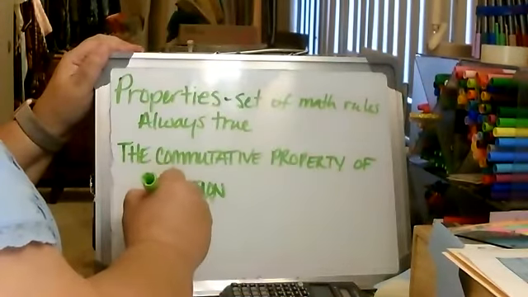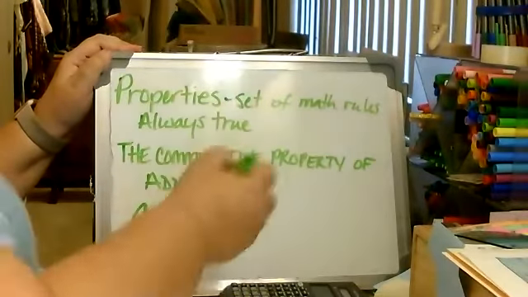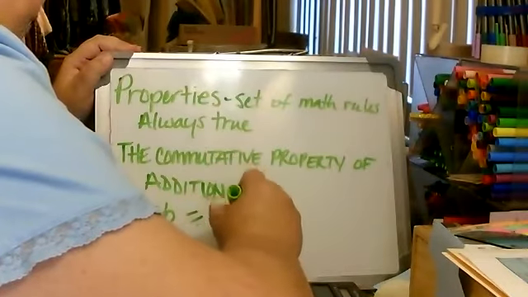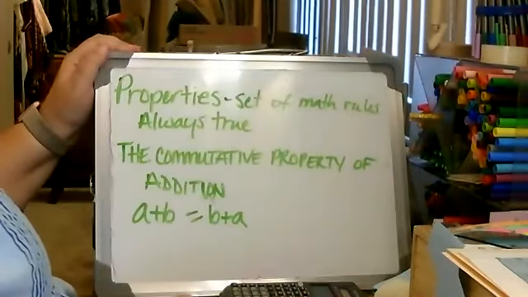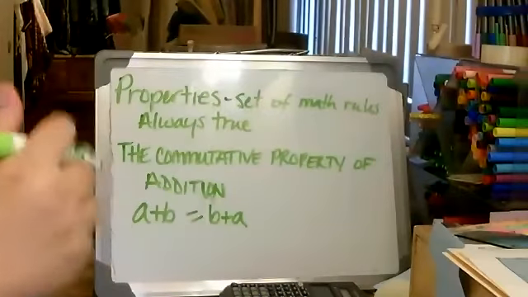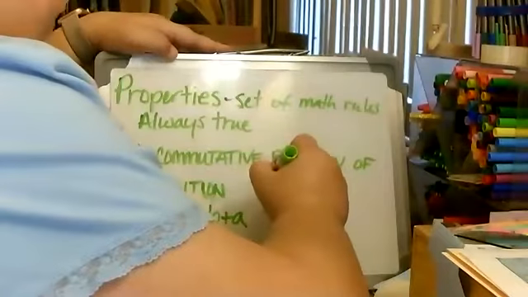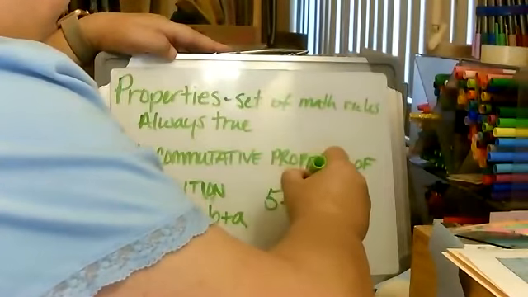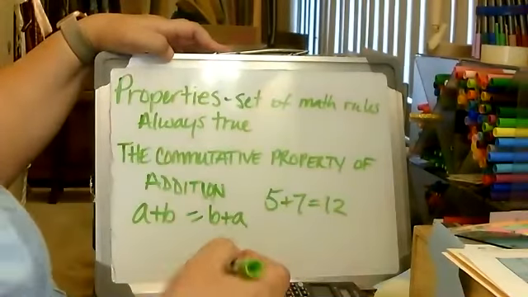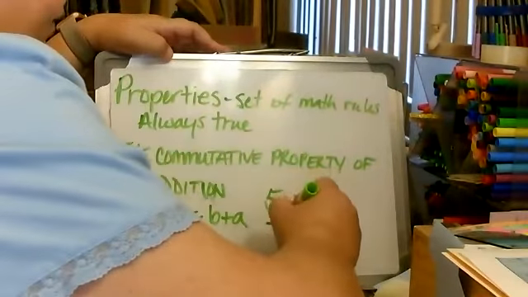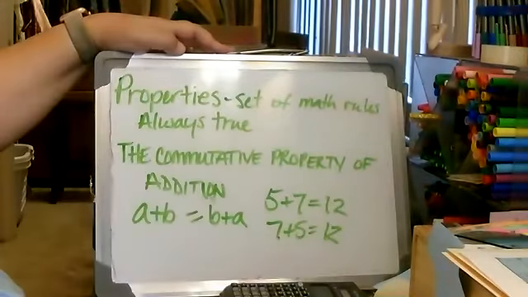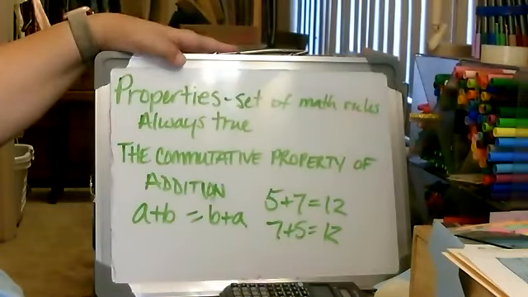A plus B equals, or is the same as, B plus A. It says that when adding 2 or more numbers, you can add them in any order and it will be the same. So, for instance, you can add 5 plus 7 and that equals 12. You can also add 7 plus 5 and that will also equal 12. That's the commutative property of addition.